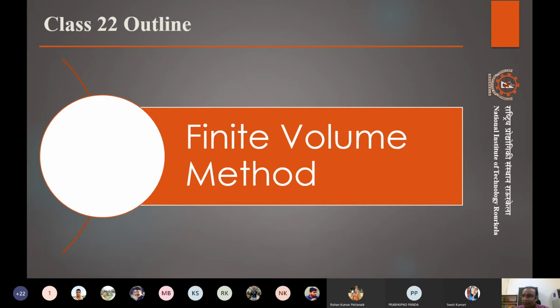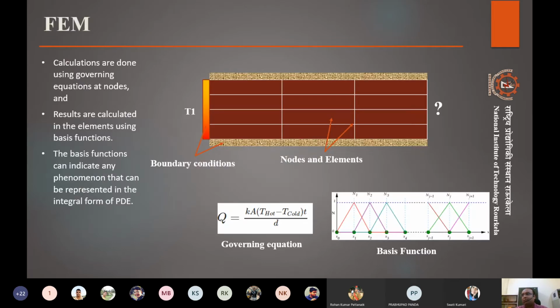So we are aware of how the finite element method works, right? If you remember, we saw a very simple problem of heat flow. We know that we divide the domain, or the whole geometry, into different elements, right?